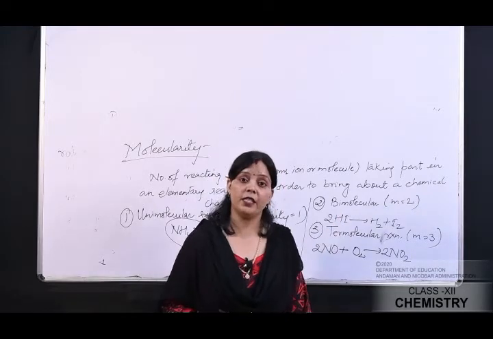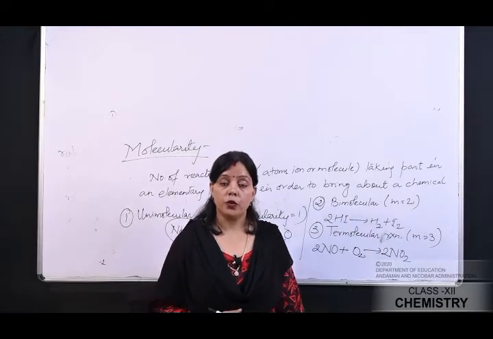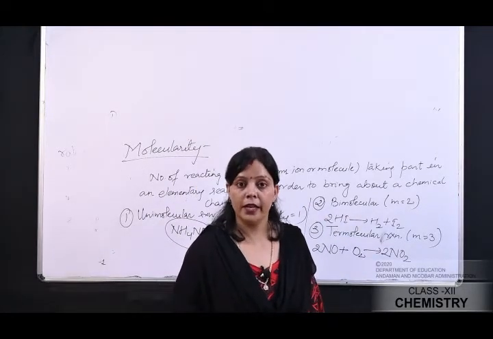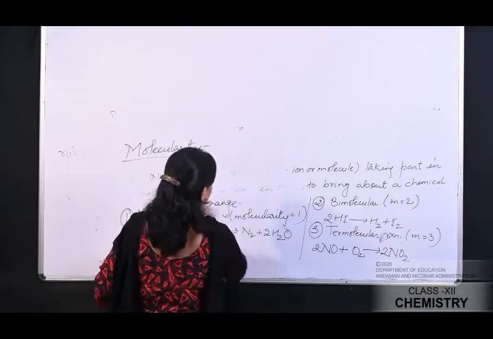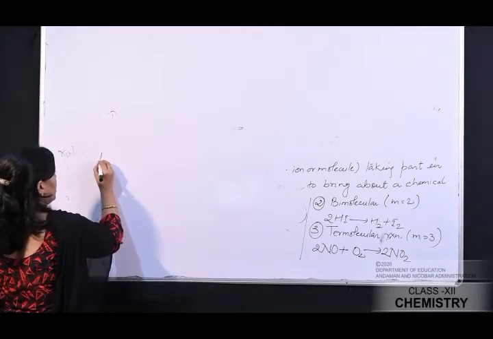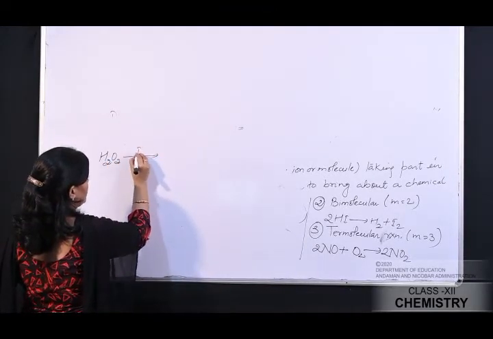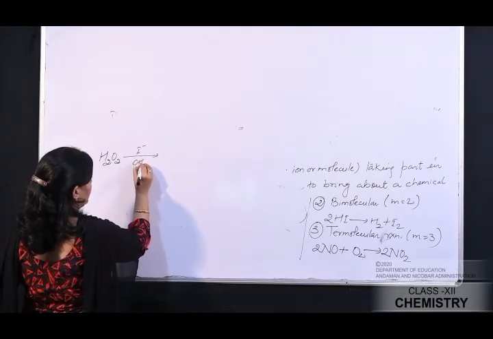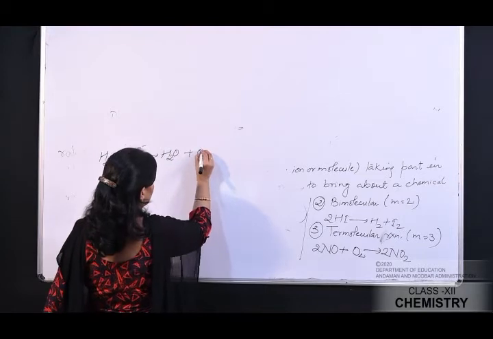And each elementary step involves the simultaneous collision between 2 or 3 reacting species. It can be explained with the help of an example, that is the decomposition of hydrogen peroxide, carried out in the presence of the catalyst I negative and in alkaline medium, and it gives the products H2O plus O2.